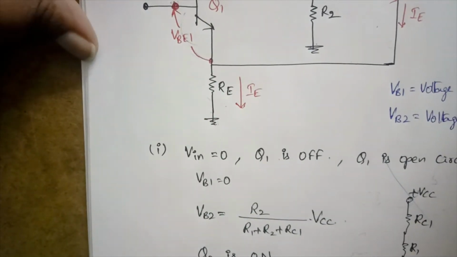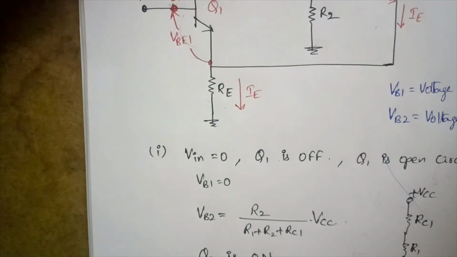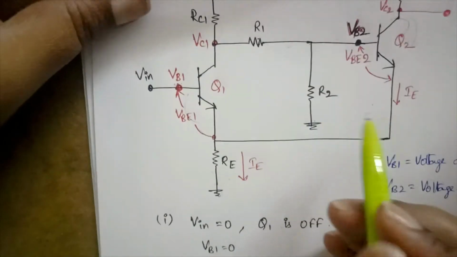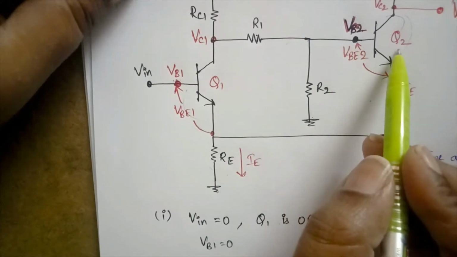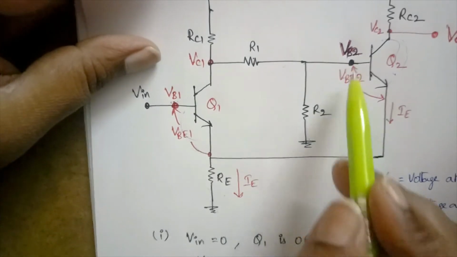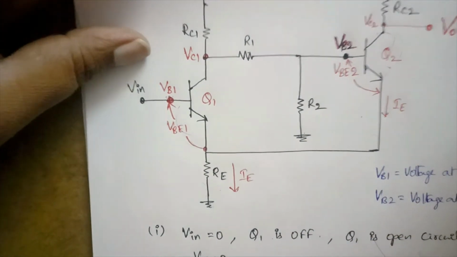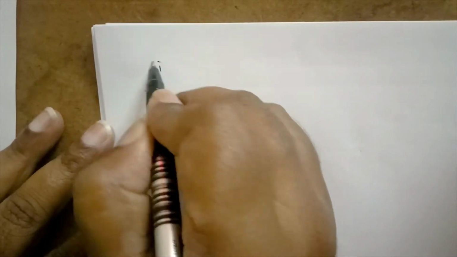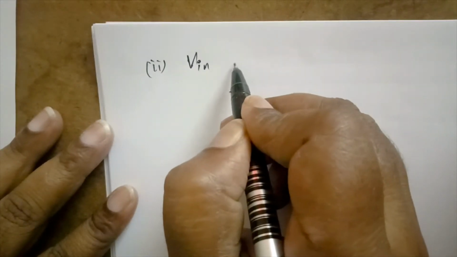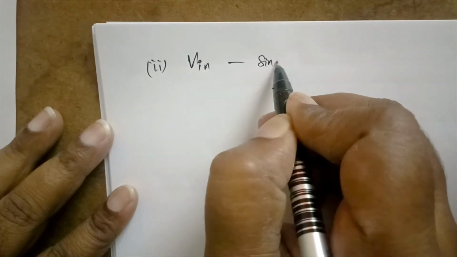Now in the same way, what is the voltage required to switch on Q2? What is the VB2 value from this circuit? Now I am applying Vin as a sine wave.